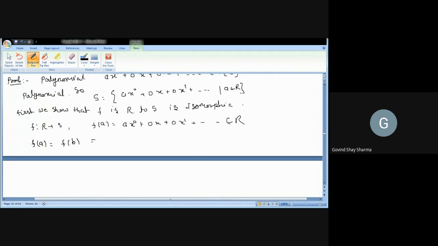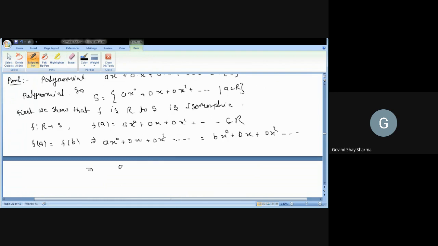Then we will show that a is equal to b. So f(a) is a x^0 + 0x + 0x^2, equal to b x^0 + 0x + 0x^2.